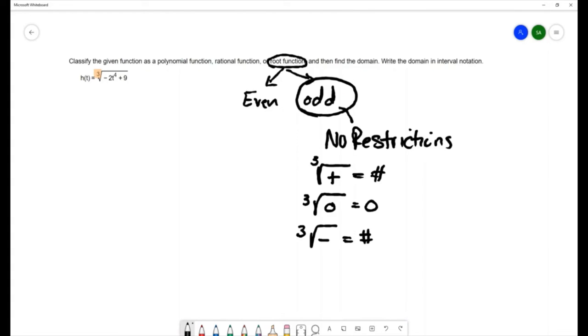So when we have no restrictions, that means that we have no restrictions on the domain, and your domain will be all real numbers, which is negative infinity to infinity. So the domain of h of t equals cube root of negative 2t to the fourth plus 9 is negative infinity to infinity.